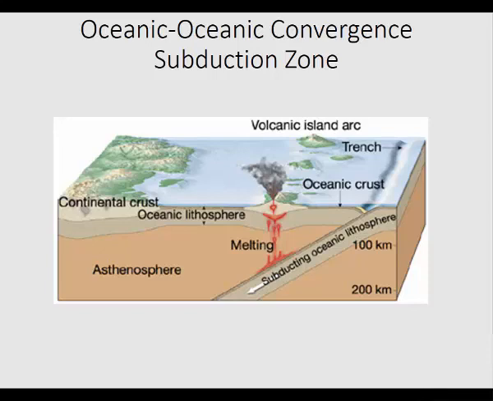But beyond that, it carries down water, creates magma that bubbles up to the surface in the same way that we see in continental-oceanic subduction zones. But the volcanoes that it creates originally exist under the water. And then if they continue to erupt and spew enough material, those structures may get big enough to come up out of the ocean and create islands.